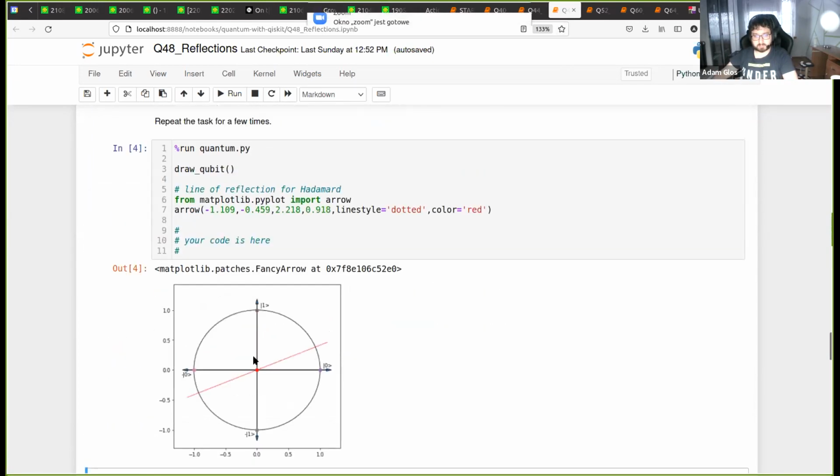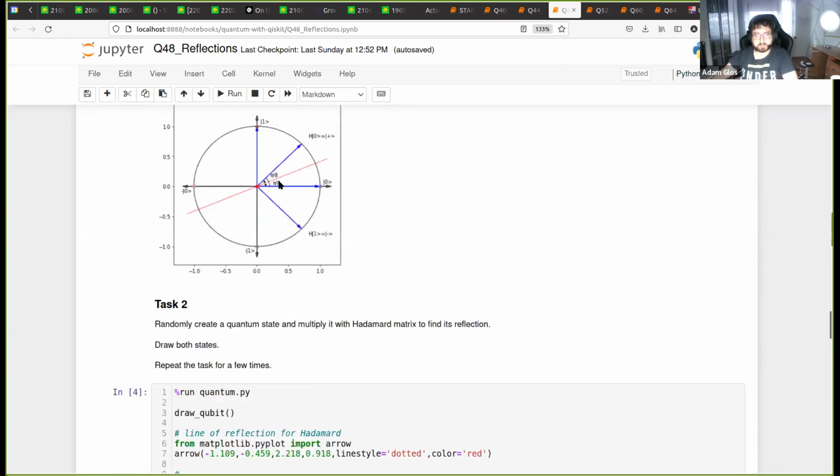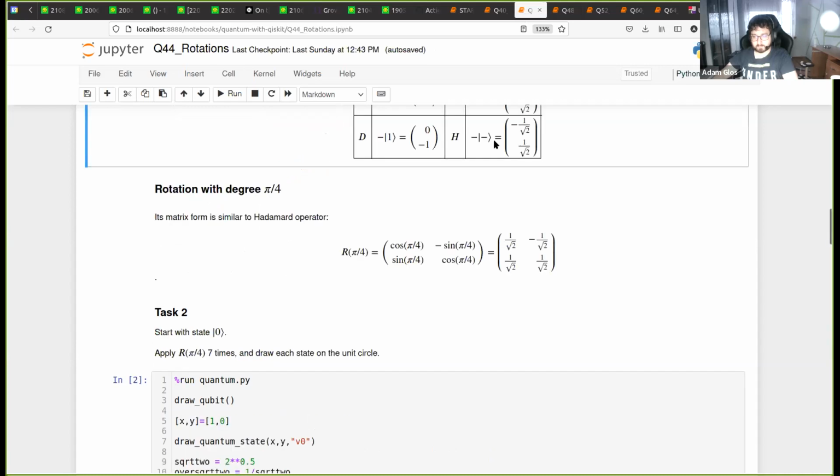Along this axis, oh, here it is. This axis, the angle between this axis and the 0 axis is π/8. And this very similar quantum gate, which is not a Hadamard, is an example of rotation with π/4 angle.